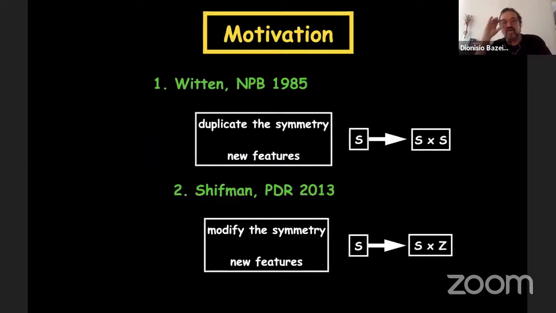As a motivation, I want to remind you of a paper by Witten in 1985, where he duplicated the symmetry. He considered cosmic strings, but he duplicated the symmetry. I'm using the letter S here to mark the symmetry, and he duplicated it with S cross S to get new features.